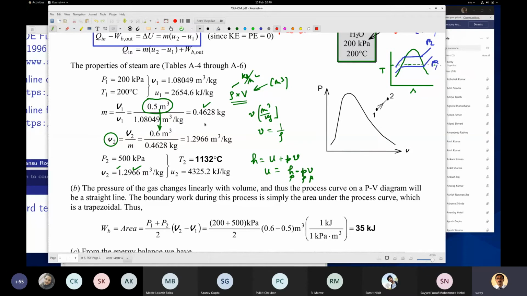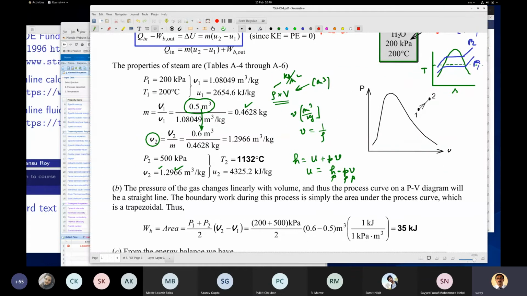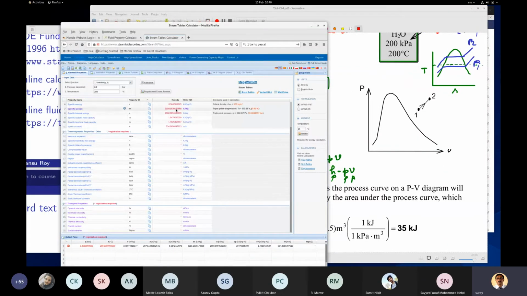And here 2654, see, at 200 kilopascal. So it gave a little bit different value. At 0.2 bar, 200 centigrade, 2660, a little bit different.